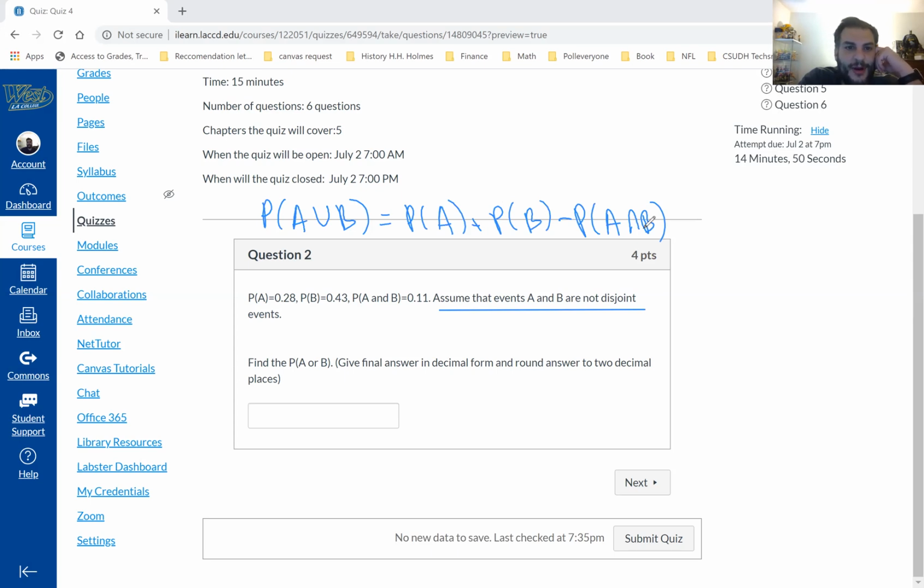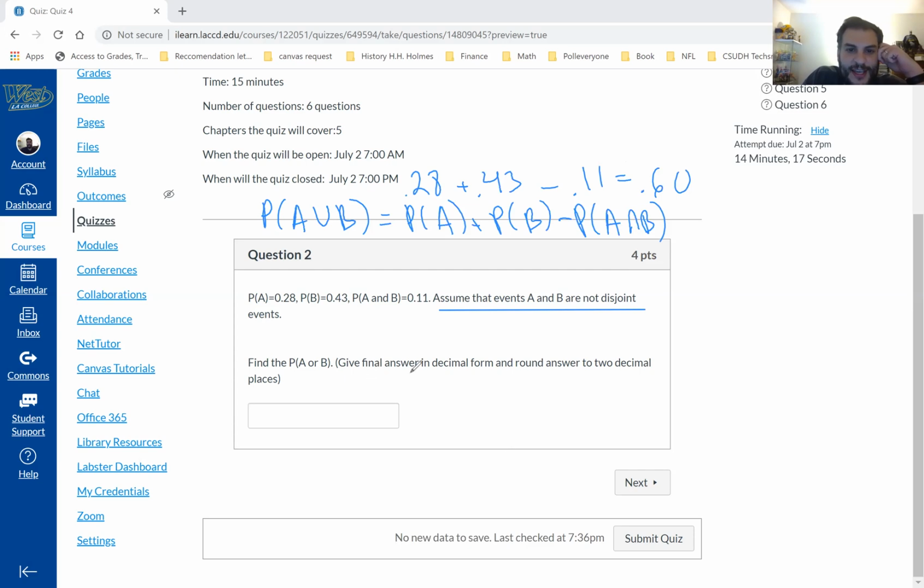So the probability of A is 0.28, probability of B is 0.43, and lastly probability of A and B is 0.11. Let me work that out: 0.28 plus 0.43 minus 0.11. If you do that, you get 0.60.